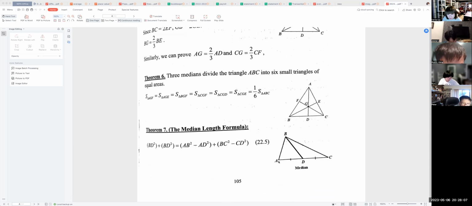AB 的平方减去 AD 的平方加上 BC 的平方减去 BD 的平方。Okay, basically it's just inside a triangle, 2 times the medians squared equals this one minus this one, plus this one minus this one.